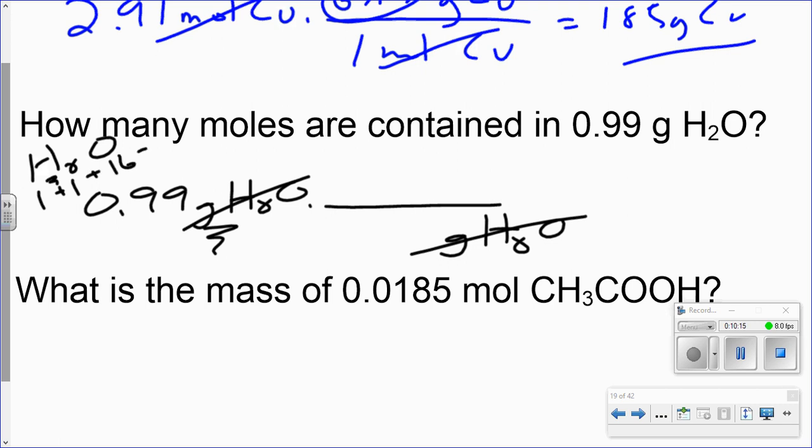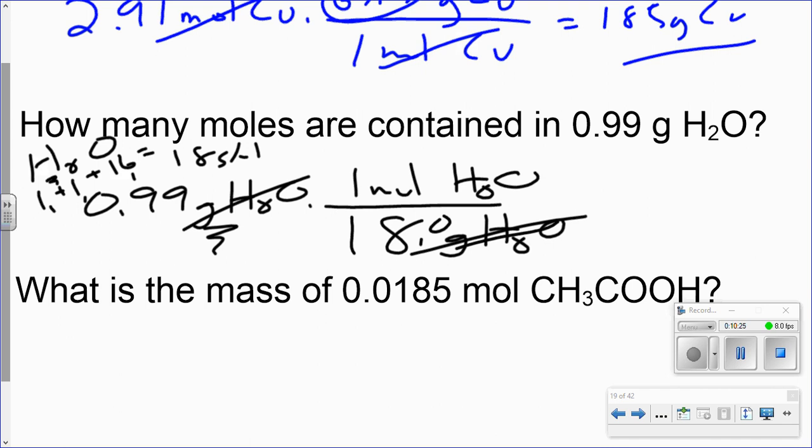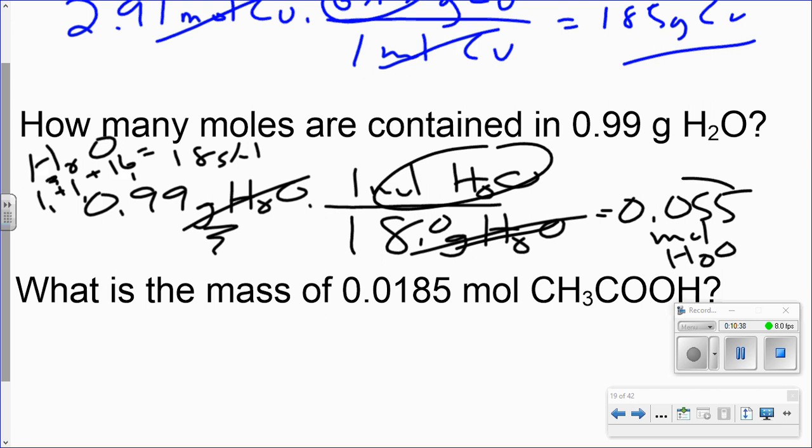Plus an oxygen, which is 16. So 1 plus 1 plus 16 is 18 grams per mole. Notice I just added that up. 0.99 divided by 18 is 0.055 moles of H2O.